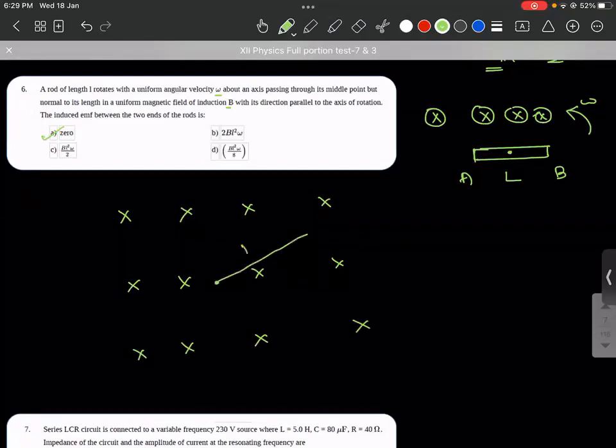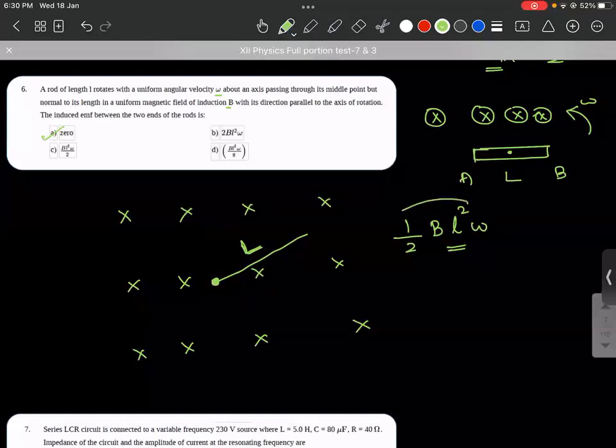If there is a rod of length L, which is revolving about an axis passing through one of the ends, then what would have been the EMF generated across the ends of the rod? It will be half B L square omega. Do you guys remember this?